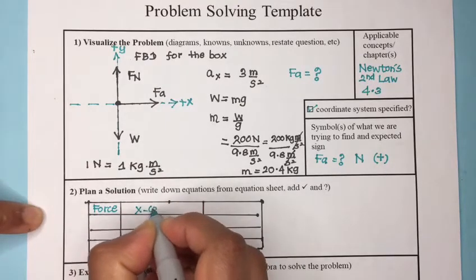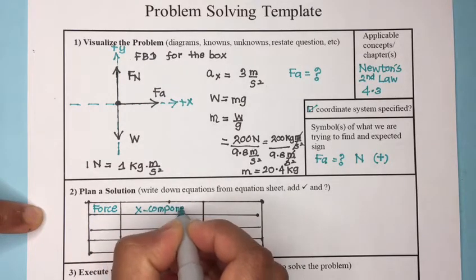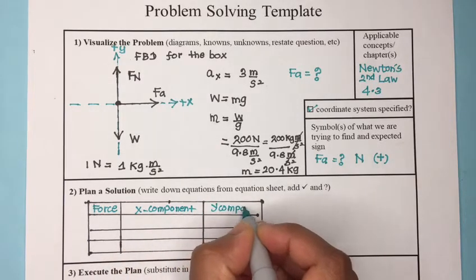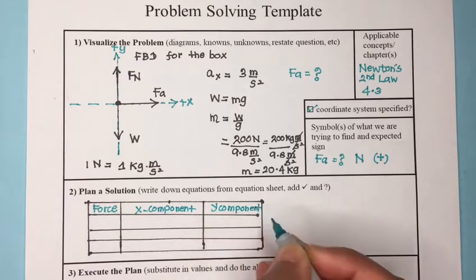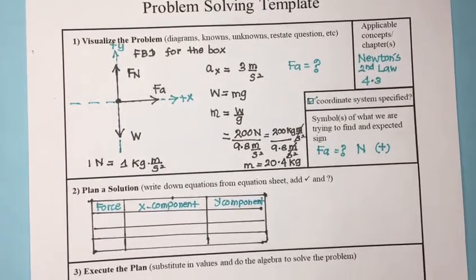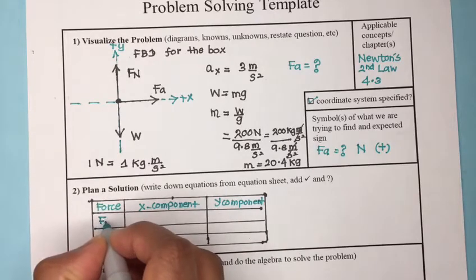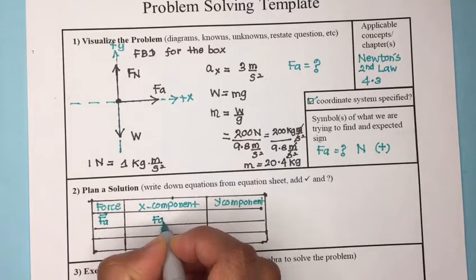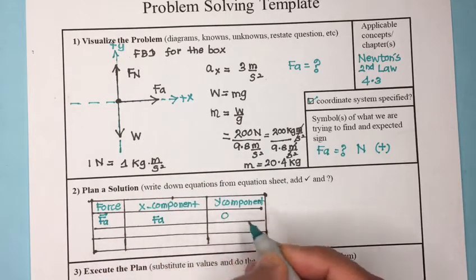Now I'm going to plan a solution. Let's start with the chart. I'm going to look at each force, and then I'm going to find out the x and y component of each force. Force applied is acting to the right. So there's only an x component for the force applied. It's positive.